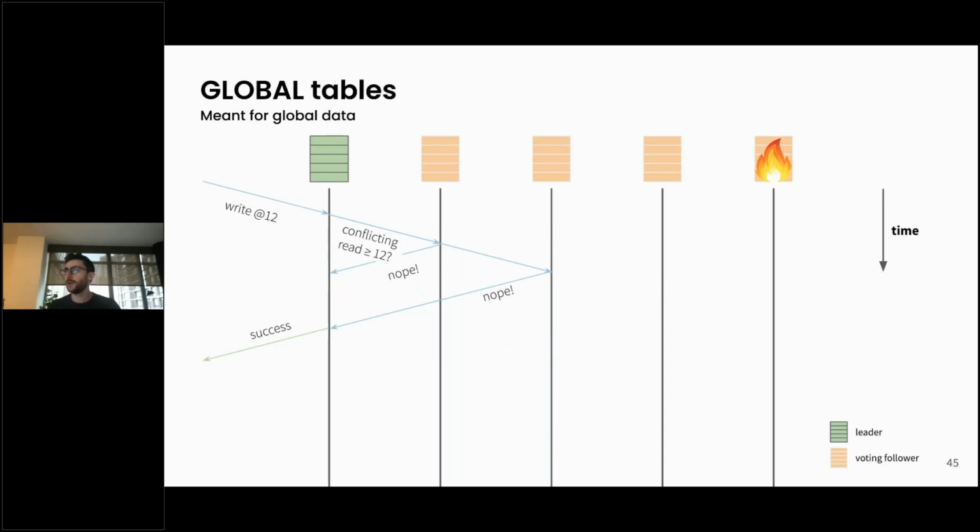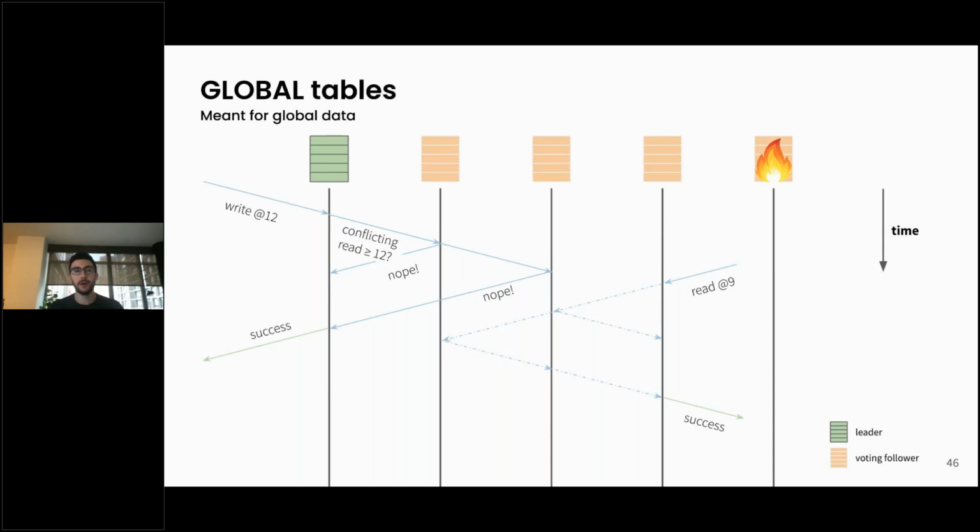Okay, so what about another approach? If we can't tolerate the availability loss of synchronously broadcasting, and we want to keep quorum writes, but we also don't want to visit the leader on every read, then maybe we can do what some other systems do and perform quorum reads. Instead of reading from the leader, we can read from the closest majority of replicas to determine which value to read.